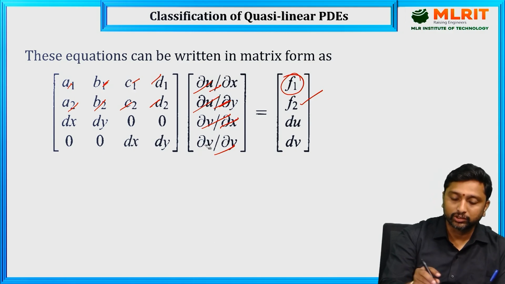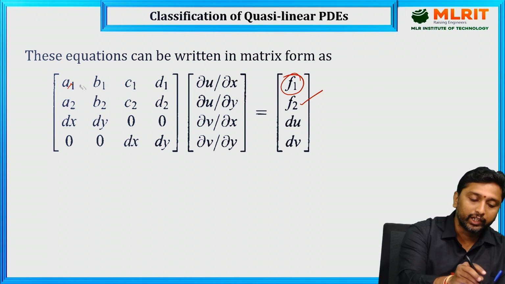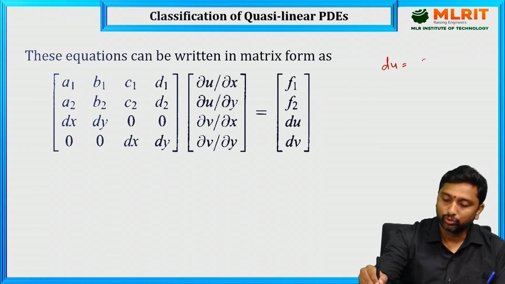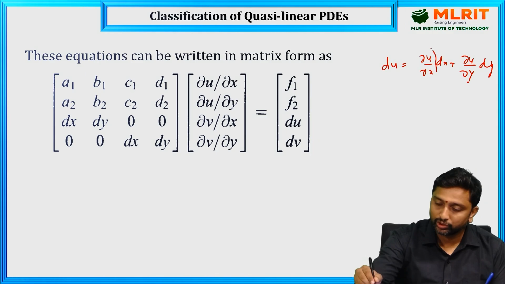Now let us consider the second set of equations. What are the second set of equations? du equals dou u by dou x into dx plus dou u by dou y into dy. So what is the coefficient of dou u by dou x?